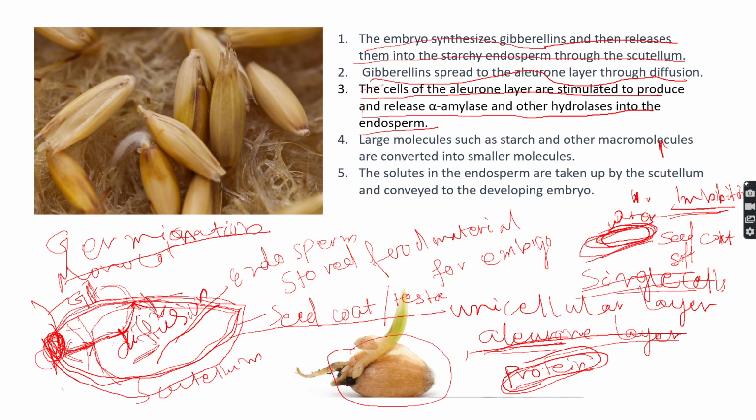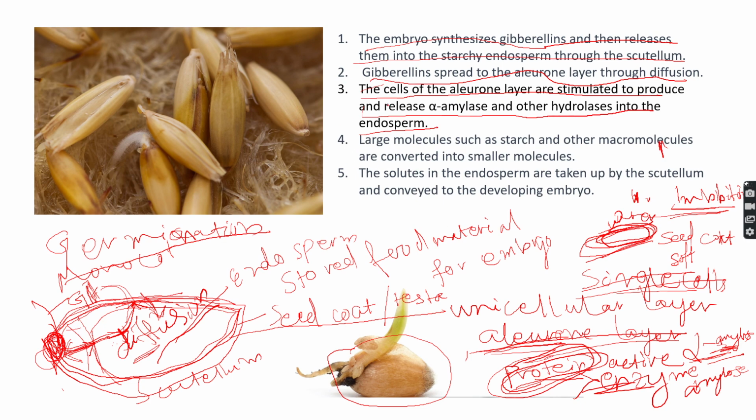As I told before, this aleurone layer is rich in protein, and this protein will make active enzyme. The first enzyme which is forming is alpha amylase. From the name you can understand that it is working on your carbohydrate or amylose.